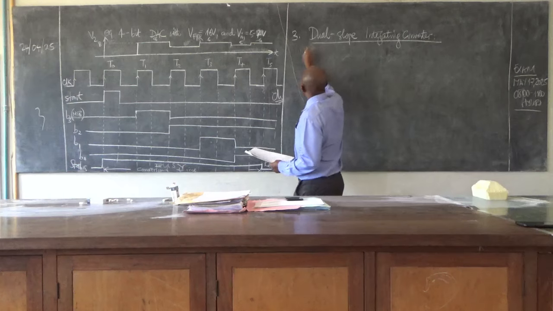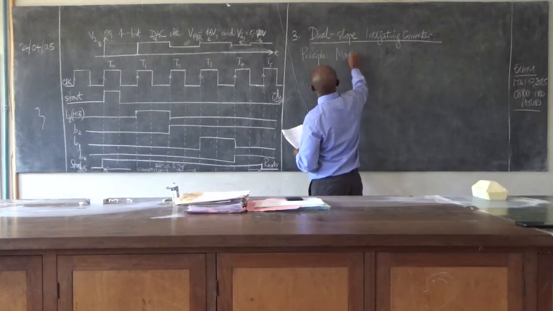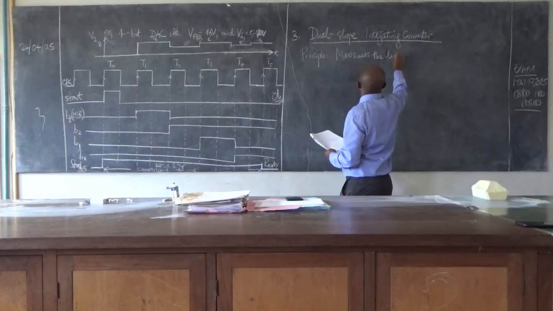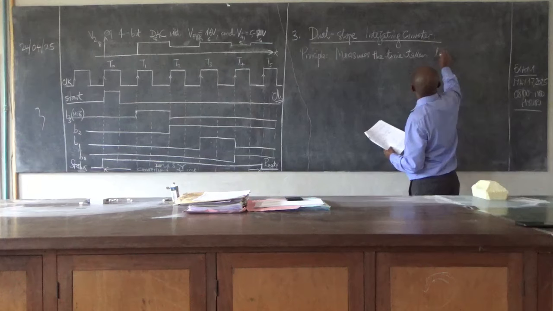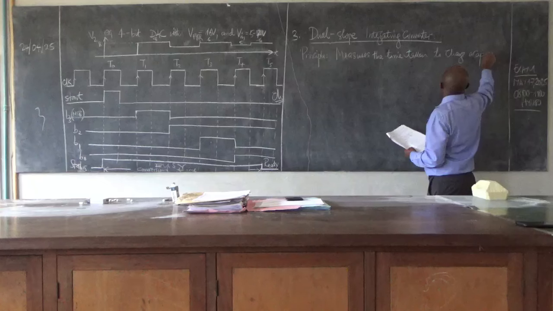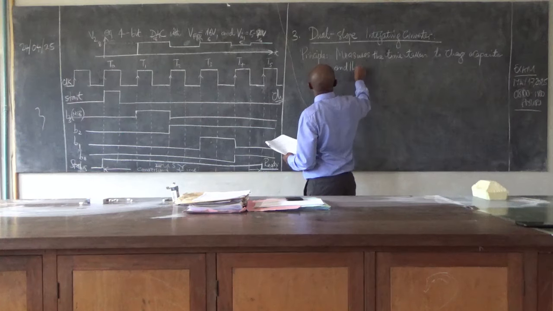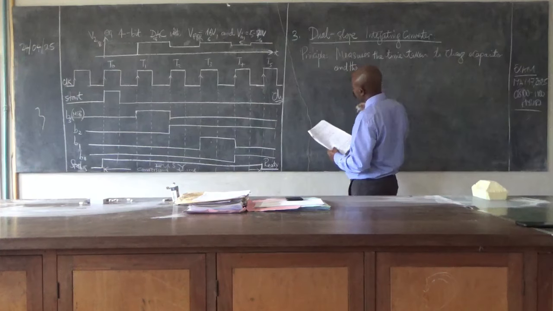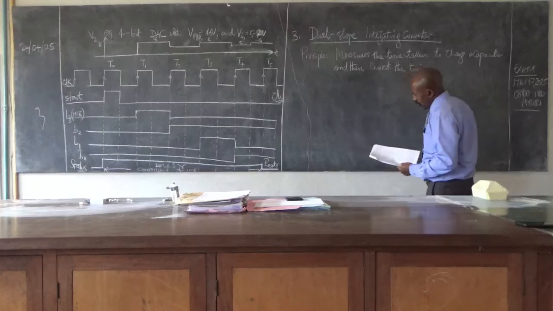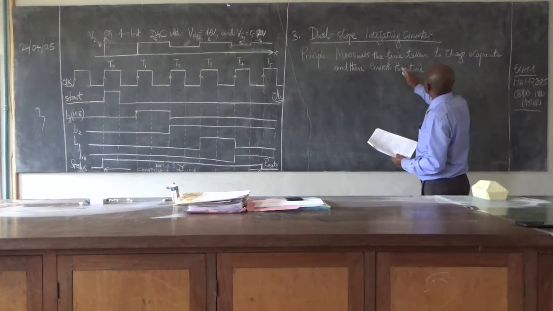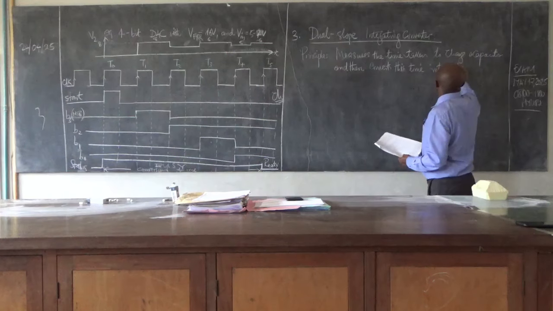Dual slope. The principle behind this is that it measures the time taken to charge a capacitor, and then converts this time into a digital word.